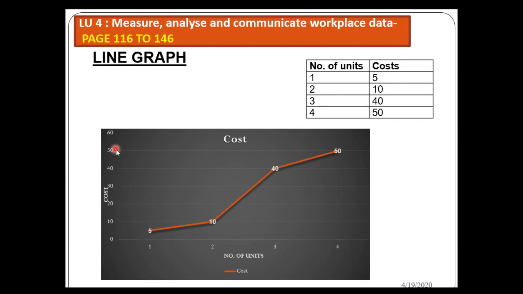This is the y-axis. So here we put the cost and here we put the number of units. If I only produce 1, can you see how much is the cost? It's 5. So 5 is somewhere here between 10 and 0. If I've got 2, it means I have a cost of 10. As you can see, it is correlated to this table.